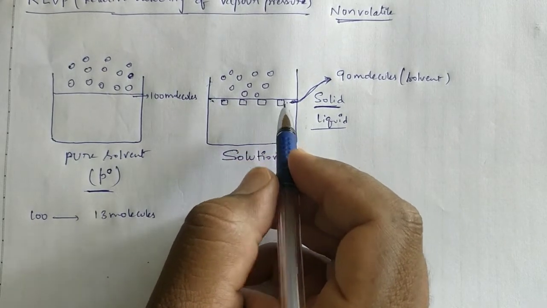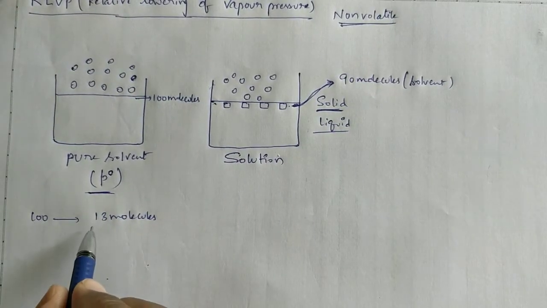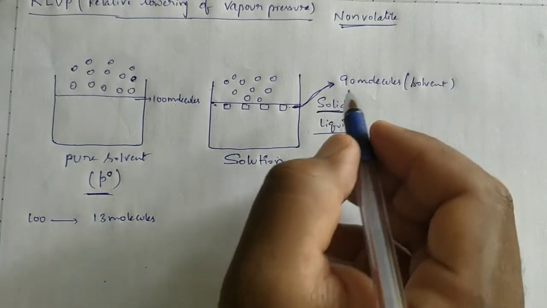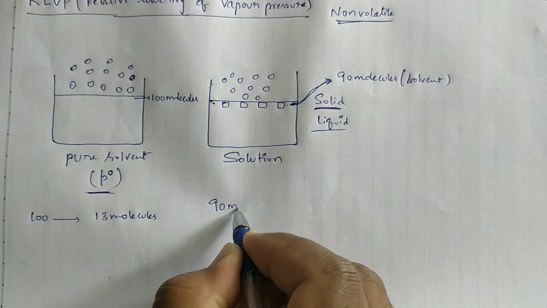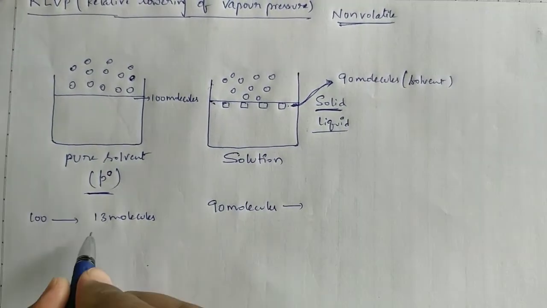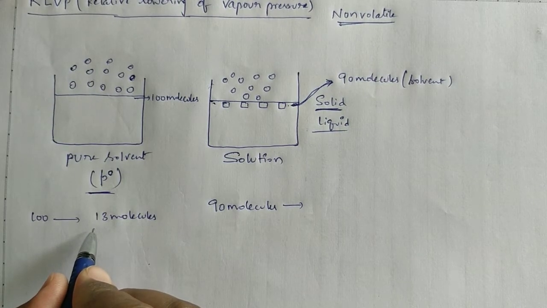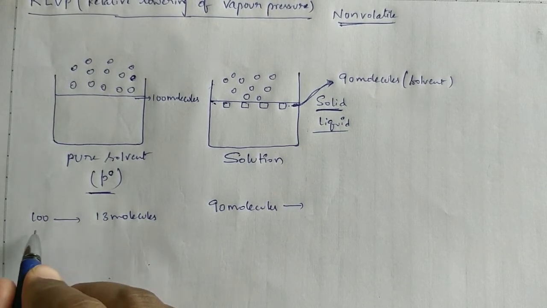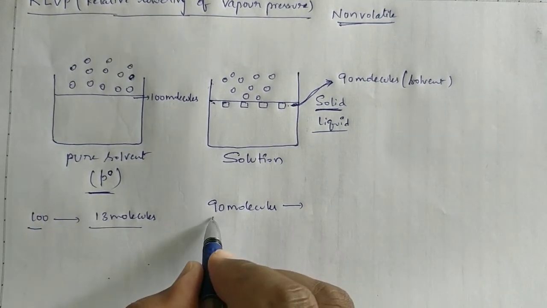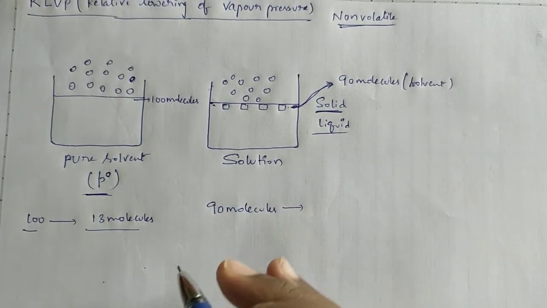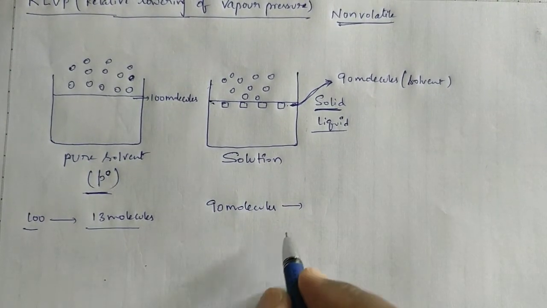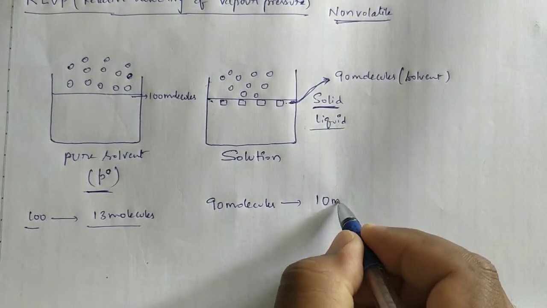Previously, out of 100 molecules, how many molecules escaped into gaseous state and applied pressure? 13 molecules. But here only 90 molecules are present on the surface. Out of these 90 molecules, can 30 molecules escape into gaseous state? No. Because out of 100 molecules, 13 molecules can escape, definitely out of 90 molecules, less than 13 molecules can escape into gaseous state. Then it will be around 10 molecules.